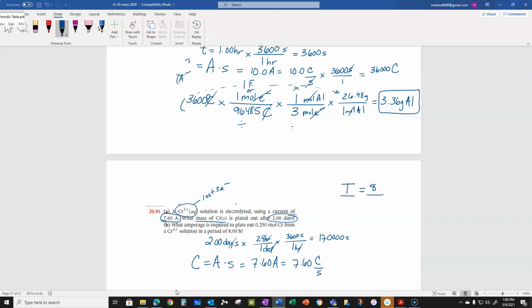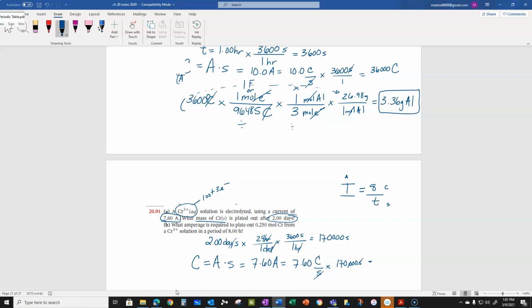A equals Q over T. Amps, coulombs, seconds. Okay, and now we're going to get rid of those seconds. 170,000 by seconds. So 170,000 times 7.60. Even bigger number, 2 sig figs.